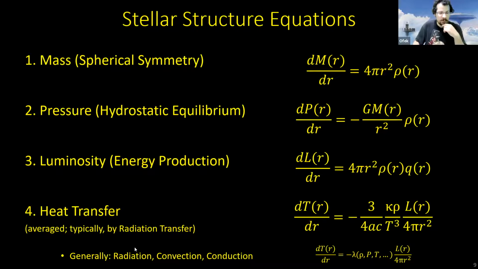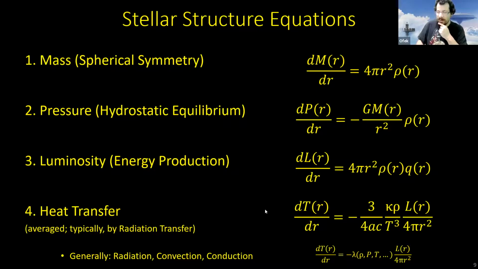The most common ones are radiation, convection, and conduction. In Hebrew, krina, hasa'a, and holacha. Conduction is almost irrelevant in stars, but radiation and convection typically are both important. The easier one to handle analytically is radiation. Convection is more difficult, and we'll talk about that at the end of today's class.